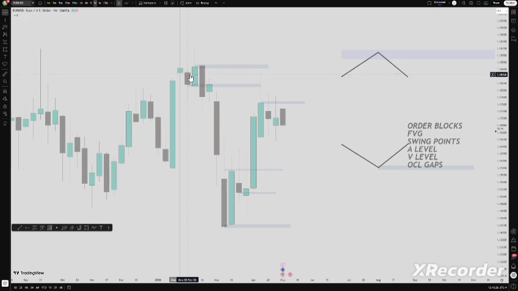So the closing price of a bearish candle forms a V level when you have a bullish candle beside it. The closing price of a bullish candle forms an A level when you have a bearish candle beside it. Seriously, it's nothing fancy. It's just open and closing prices. They are very, very sensitive in the charts.